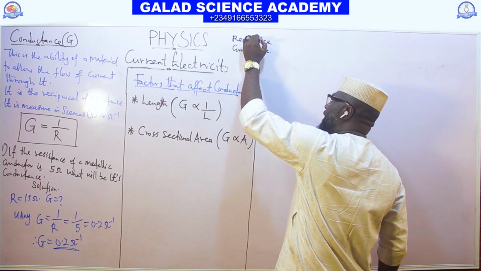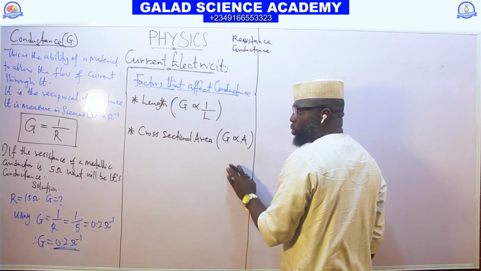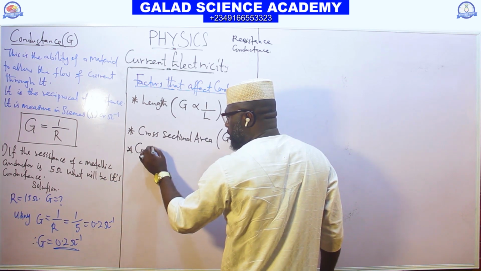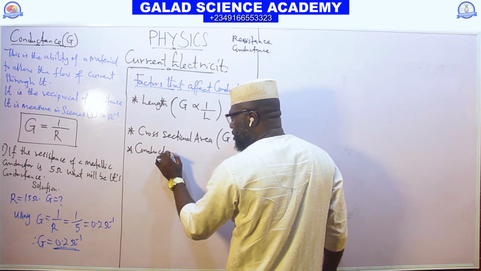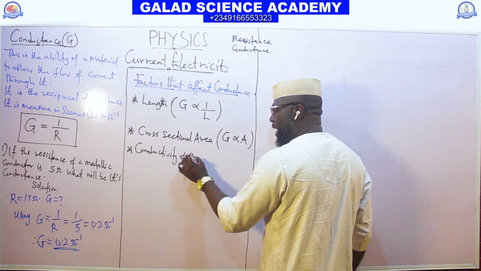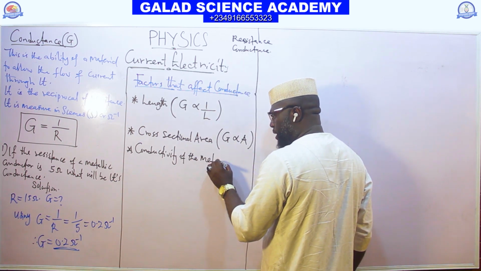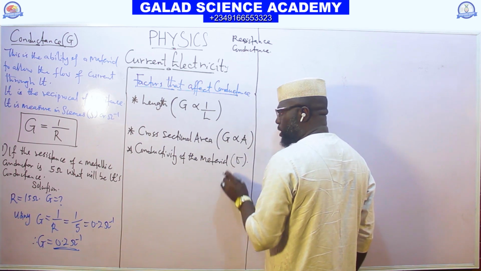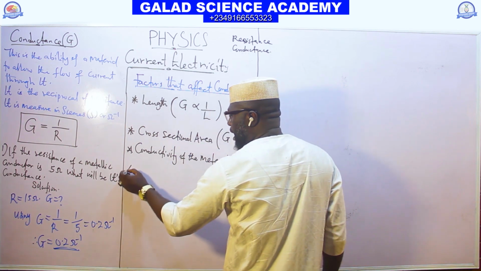But when the area decreases, conductance also decreases. The next one is conductivity of the material, which is the conductor. This is the symbol.